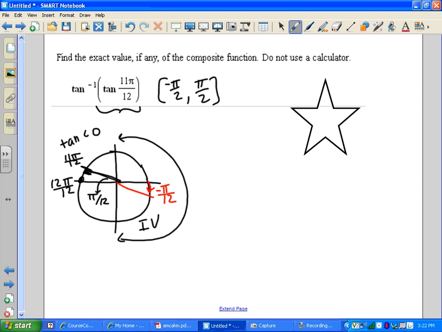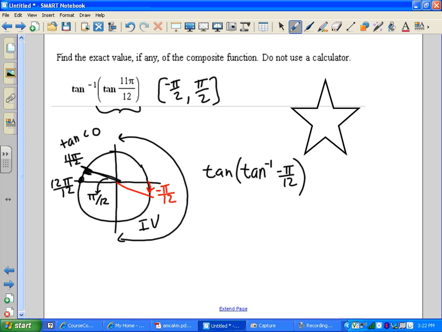So really what we should look at, finally, is the tangent of the inverse tangent of, instead of 11 pi over 12, negative pi over 12.